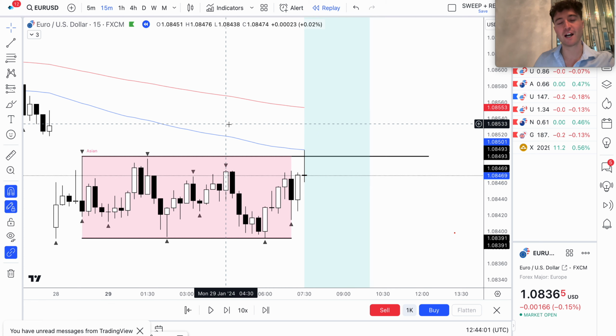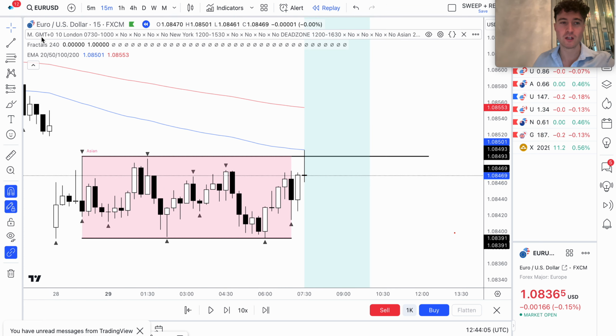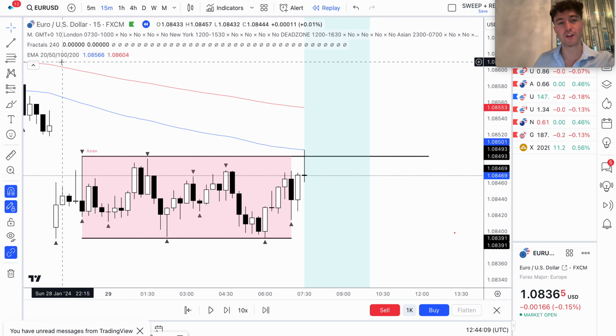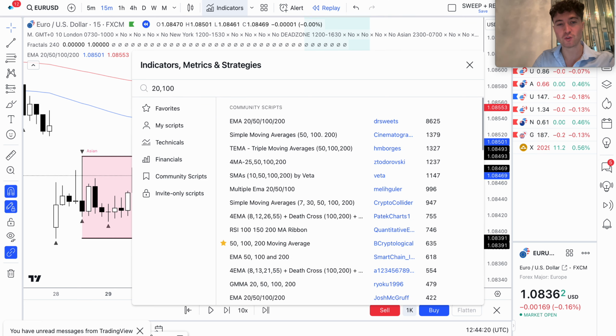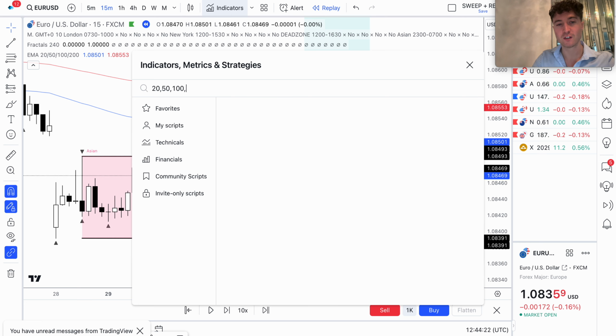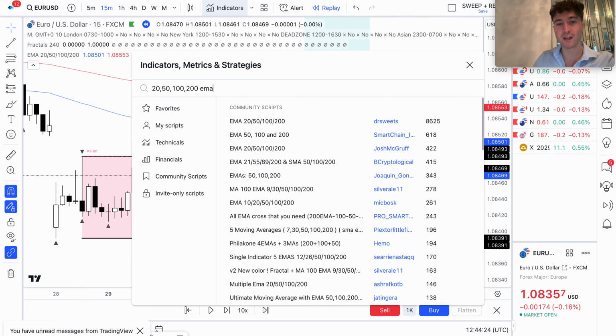You may ask, why are we looking for shorts? It's very simple. If you go over to your indicators tab here, whether you use EMAs or moving averages, they're very similar. If you go up to indicators and type in 20, 50, 100 EMA, it's this one here.